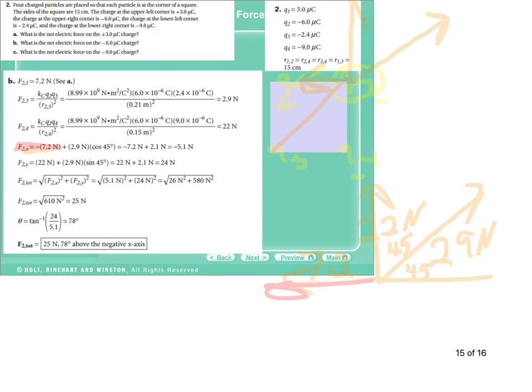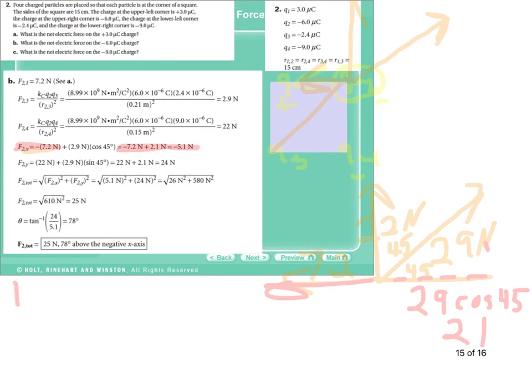This one ends up being 2.9 times the cosine of 45, and that's going to be a positive value. So we end up with negative 7.2 plus 2.1. This should be 2.1, giving us negative 5.1.